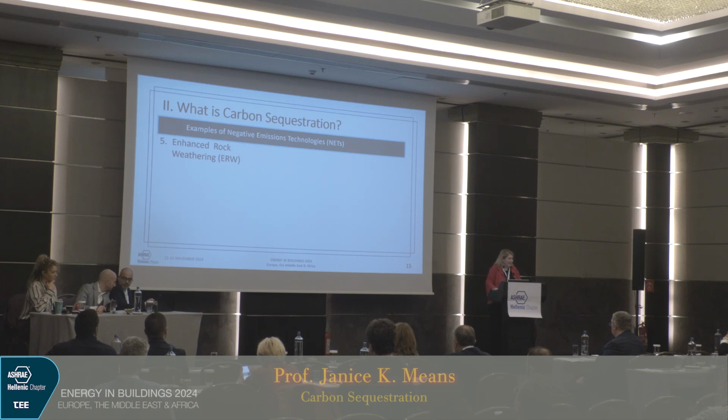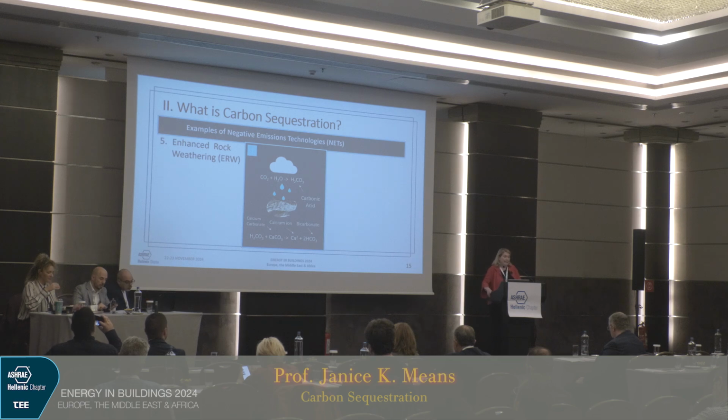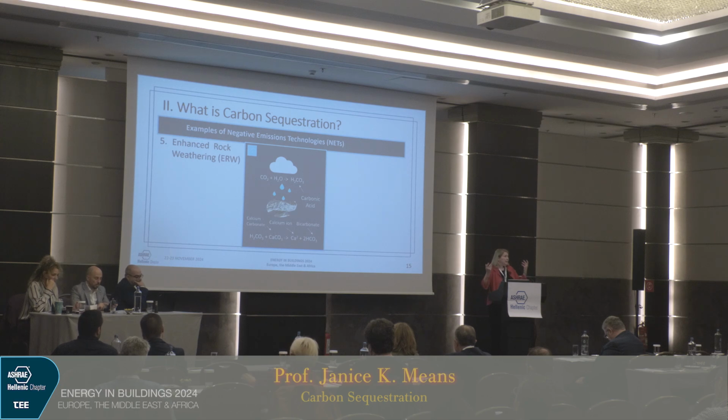Before I tell how it's enhanced, let me talk about the procedure, the natural procedure that takes place. CO2 combines with water to form carbonic acid and comes down as what we commonly call acid rain, right? Falls on rocks, and depending on the type of rock, you're going to have reactions. This type is here calcium carbonate, which I'm using as an example.